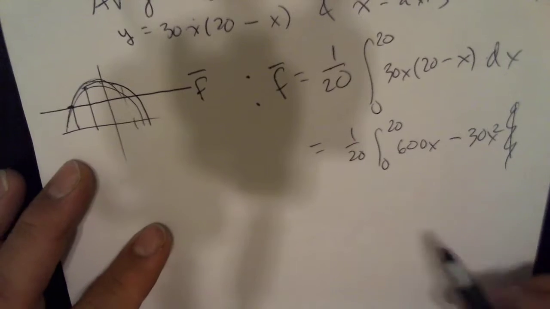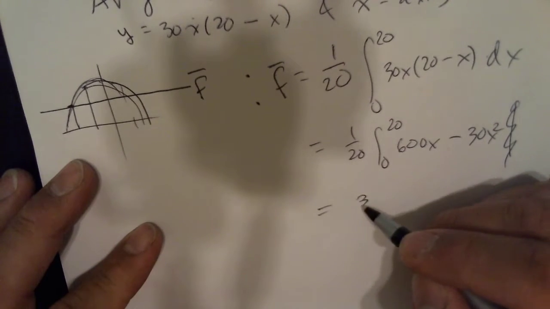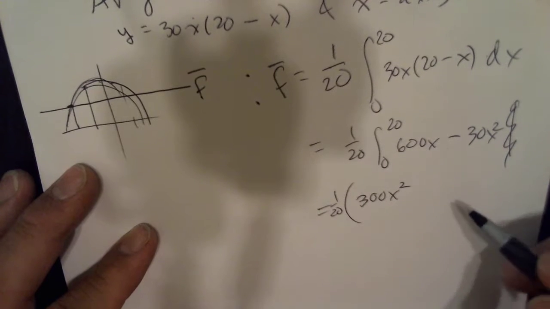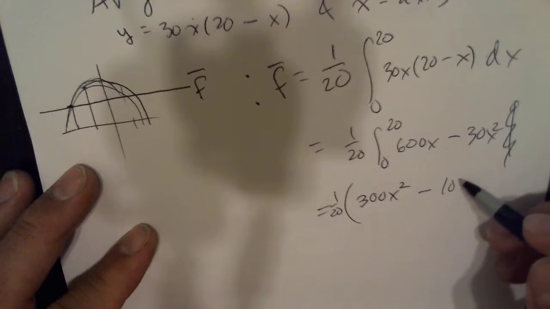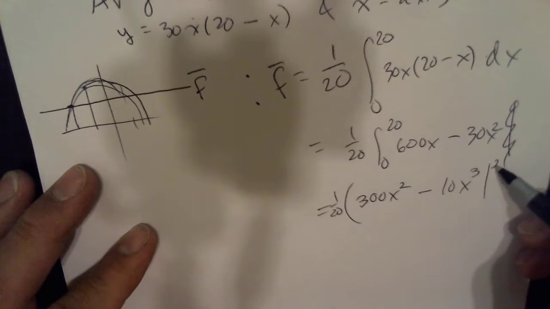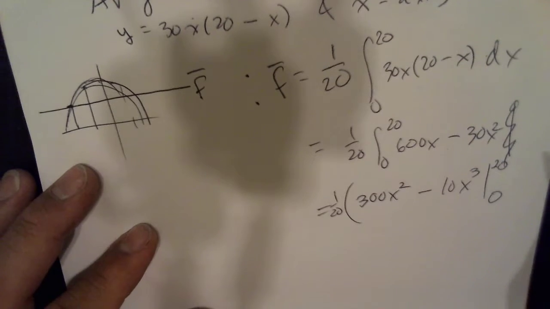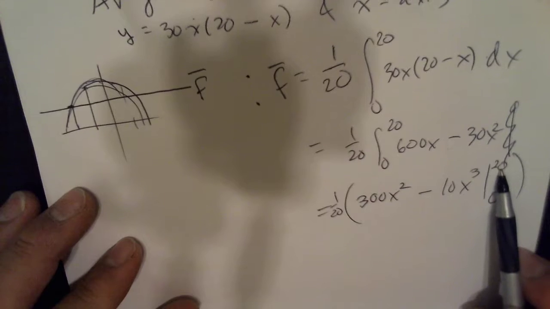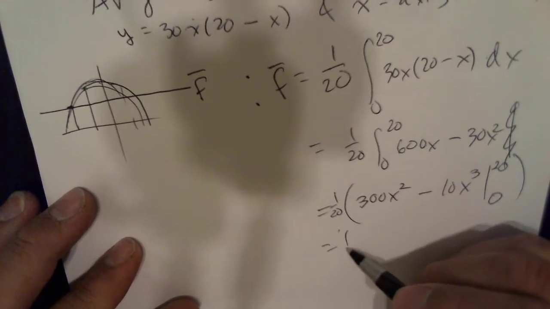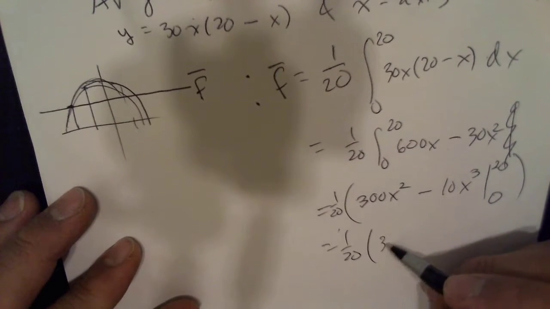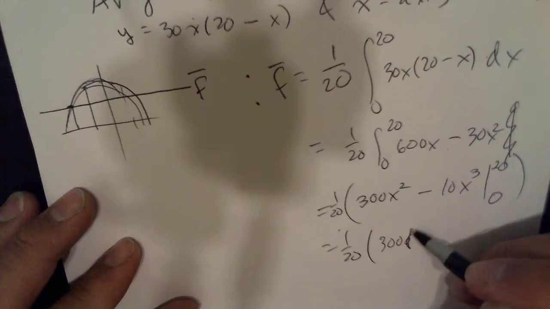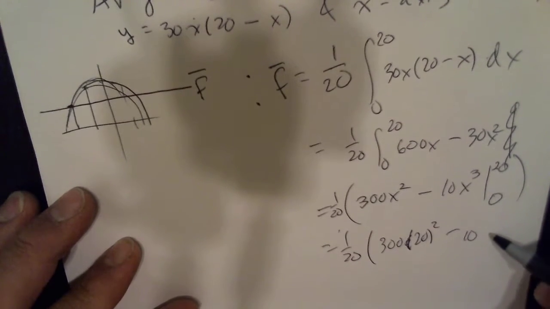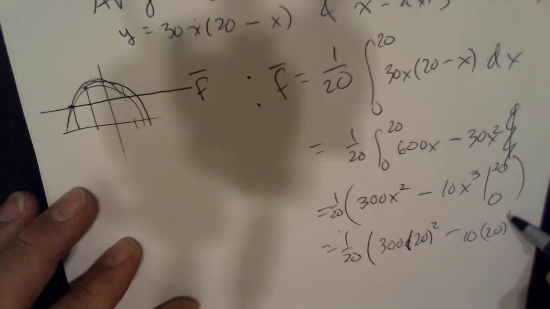So using the power rule, we get 300x squared minus 10x cubed, and that goes from 0 to 20. The 0 is going to go away, so all I care about is this 20. So we get 300 times 20 squared minus 10 times 20 cubed.